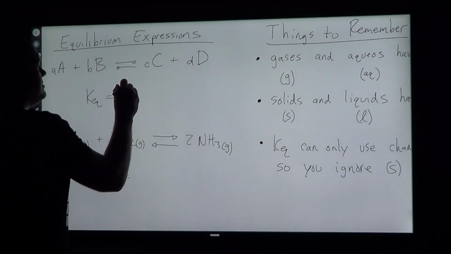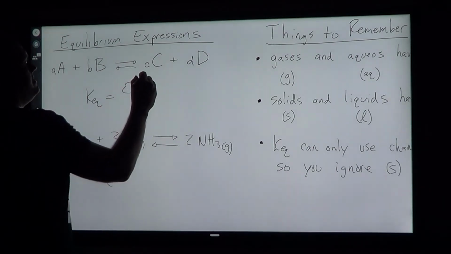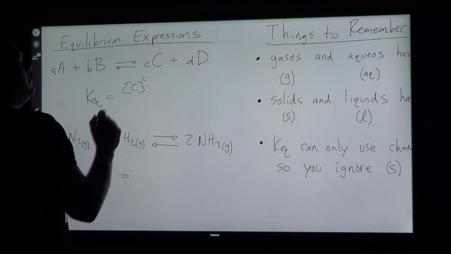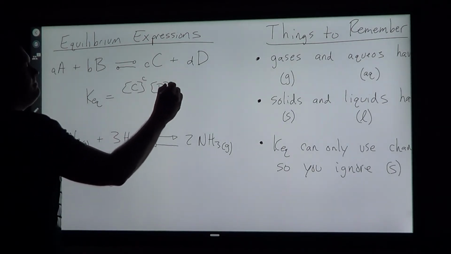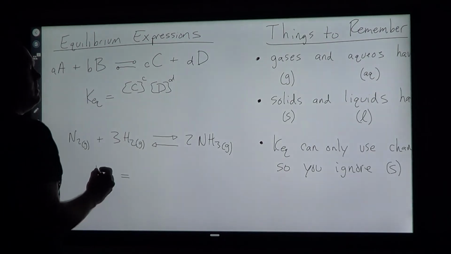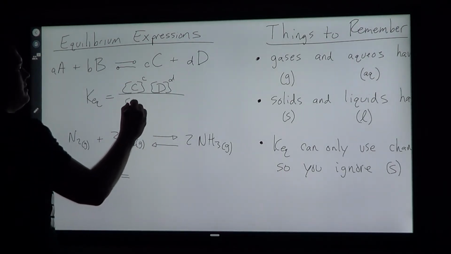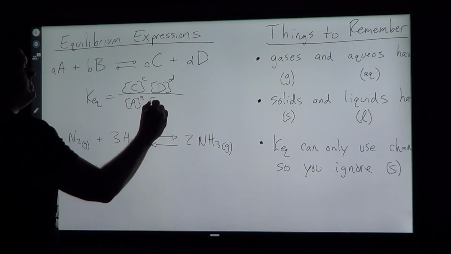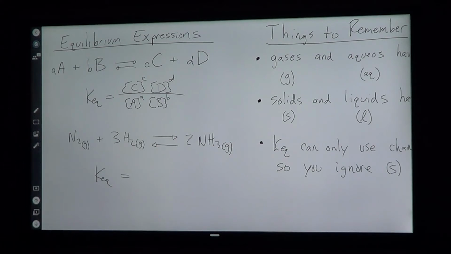So what we have is our concentration of our product, C, raised to the coefficient, the little c, times our concentration of D to the little d power, divided by concentration of A to the little a times the concentration of B to the little b.